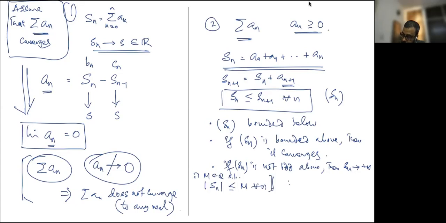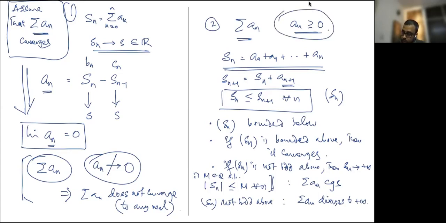So in this case, summation An converges, and the other possible case is that it is not bounded above, in which case Sn diverges to plus infinity.